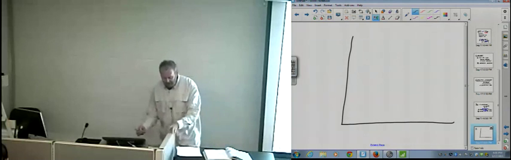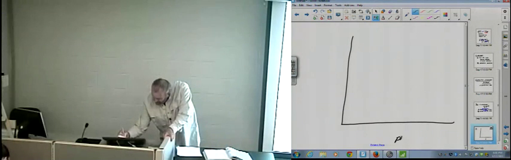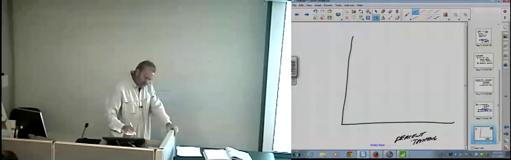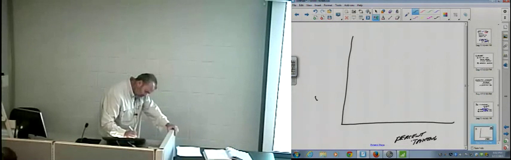So what was the explanatory variable here? I'm just going to write it as percent taking. That means on the Y must go the average SAT math score.